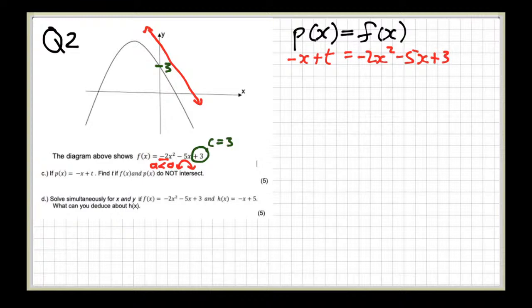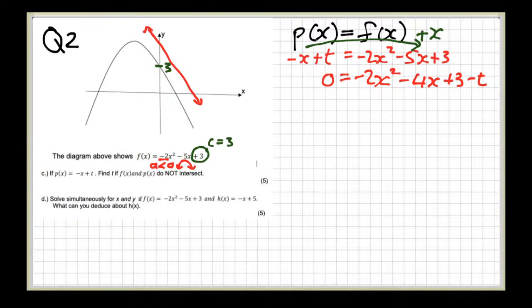Let's get it into standard form. Negative 2x squared minus 5x. Well, I'm going to take that negative x over and it becomes positive x, which means I am going to be sitting with negative 4x. And I'm going to take the plus t over as well, and it's going to become negative t.